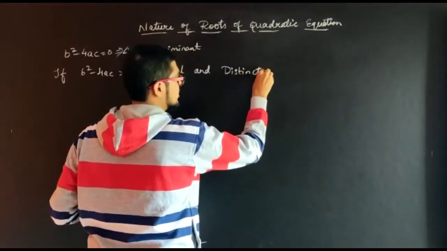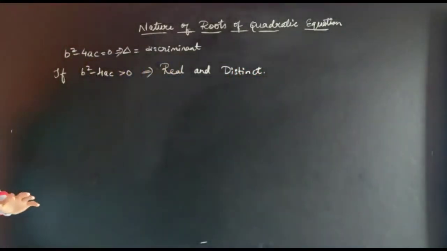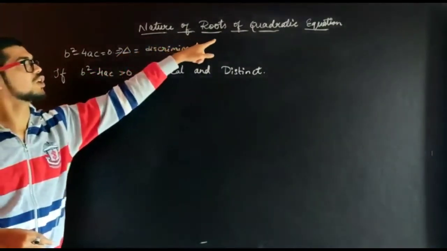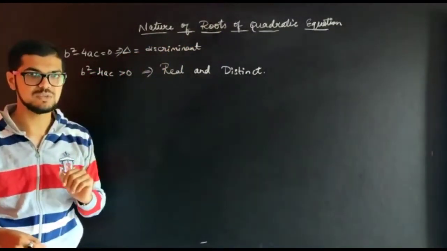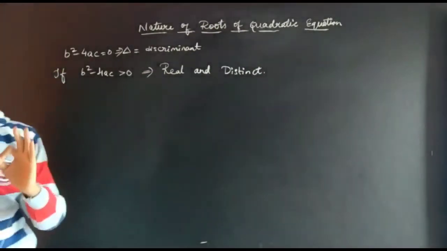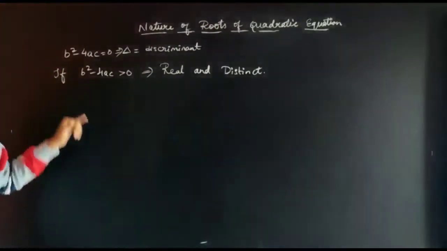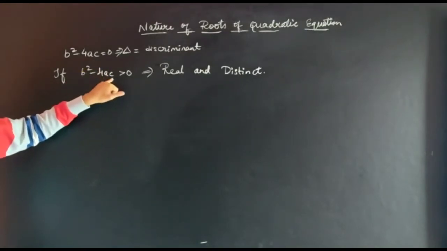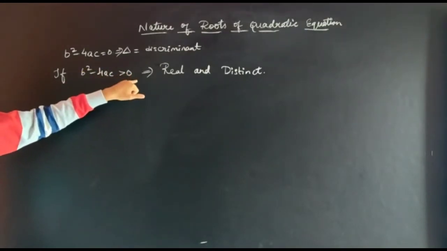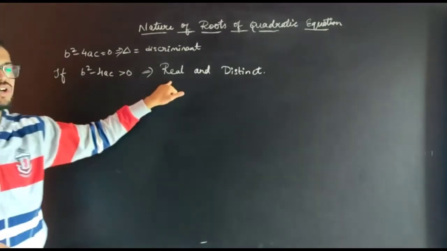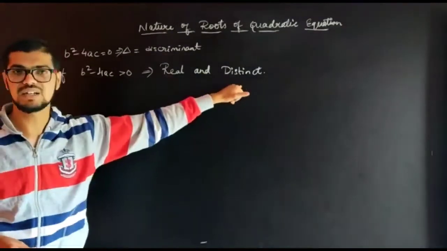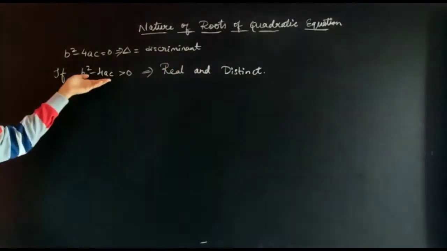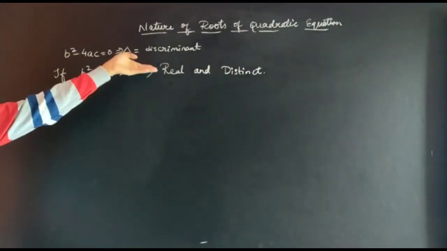Carefully observe here. Today's concept is nature of roots of quadratic equation. There are three natures of roots. If the discriminant value is greater than 0, then the roots are real and distinct, meaning this whole value should be positive.